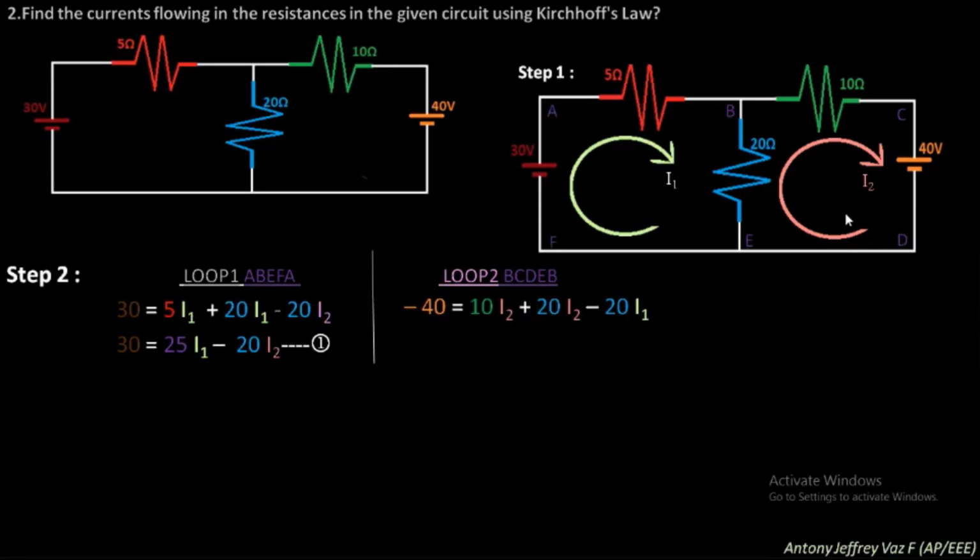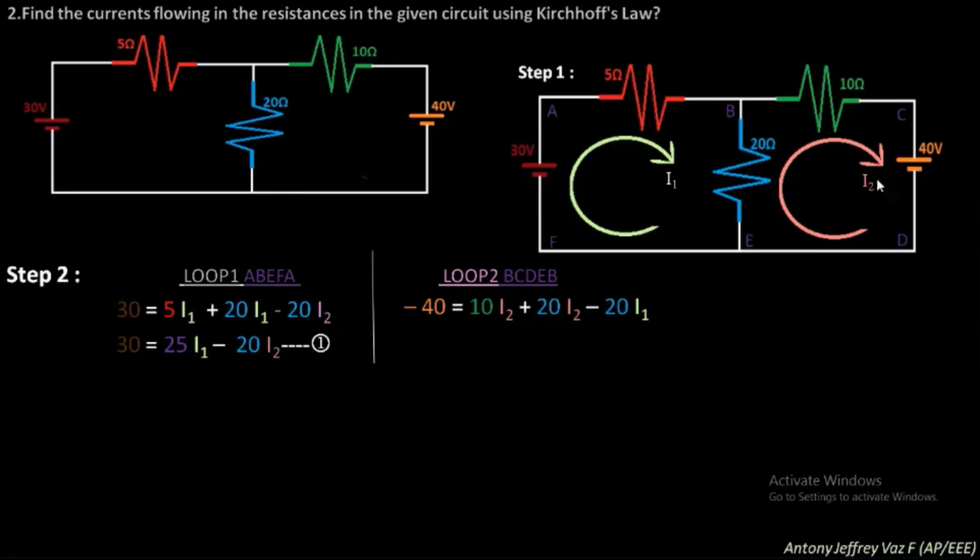Here, the current direction is clockwise, but the current is flowing from the positive terminal of the battery towards the negative terminal of the battery. So there is a fall, going from plus to minus, and we need to put minus 40 volt. In the previous problem it was from minus to plus, so we had plus 40 volt.